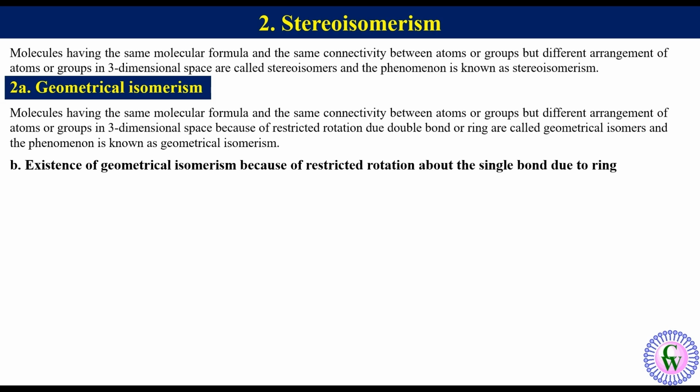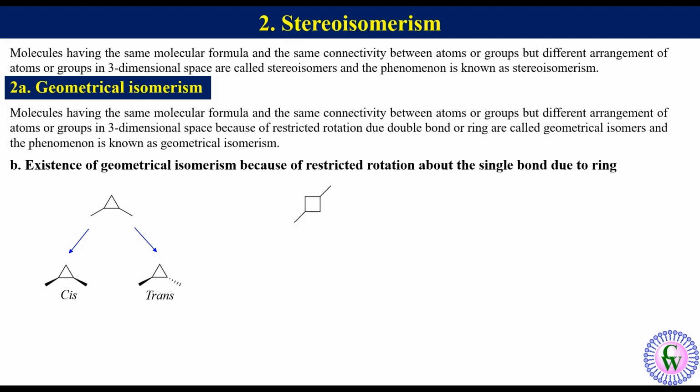For example, 1,2-dimethyl cyclopropane. It has two geometrical isomers, cis and trans, depending upon whether the two methyl substituents are on the same side or opposite side of the ring.